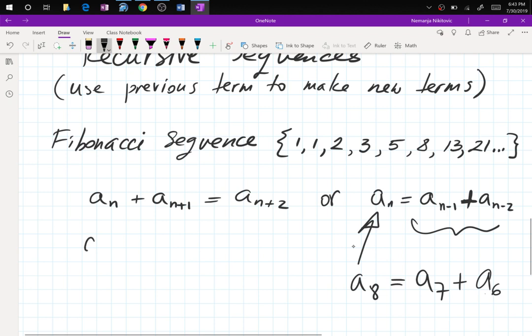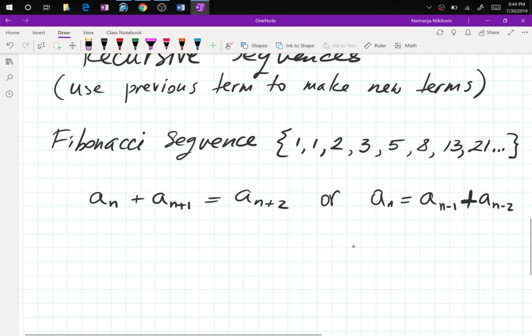Over here, I can say take A6, add to it A7, and you will get A8. Because if n is 6, then plus 1 would be 7, which is the next term, and then plus 1 would be A8, which is the next term, which you get when you add the previous two terms.